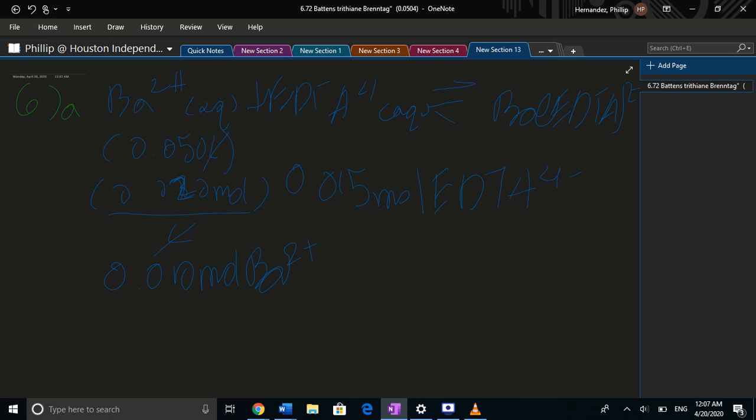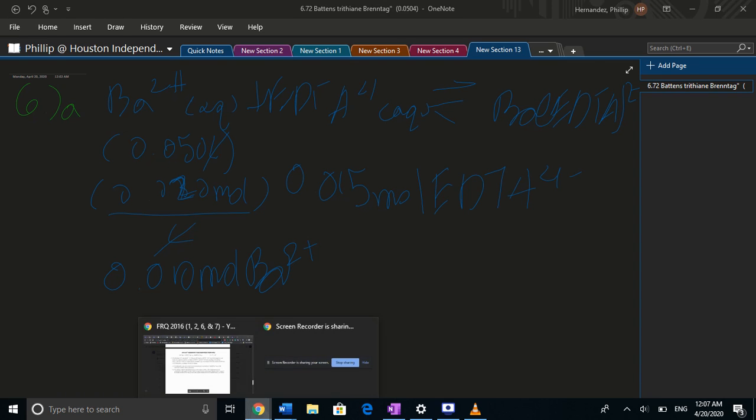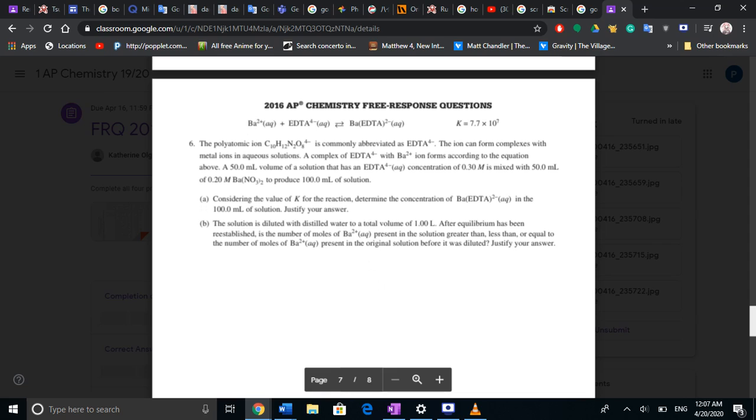Now, since this is a 1-to-1 ratio, we can already establish that the barium ion is going to be the limiting reactant.